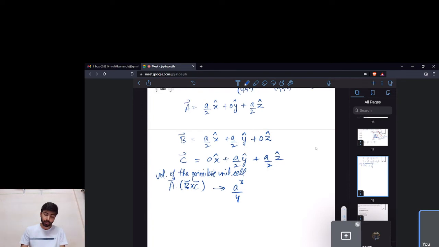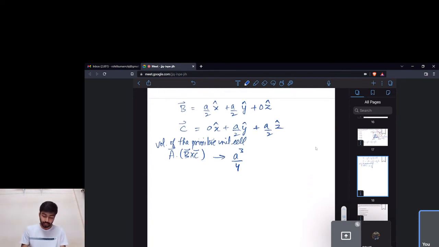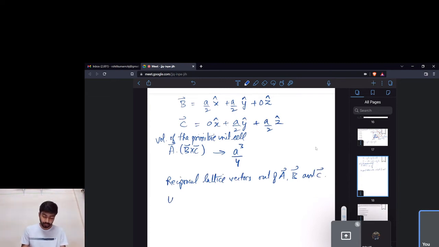A, B, C are our primitive lattice vectors, and let's say I give the name to reciprocal lattice vectors out of A, B and C. Let's say I give it U. U will be 2 pi B cross C divided by A dot B cross C. Okay, now let us try to find out what U is.